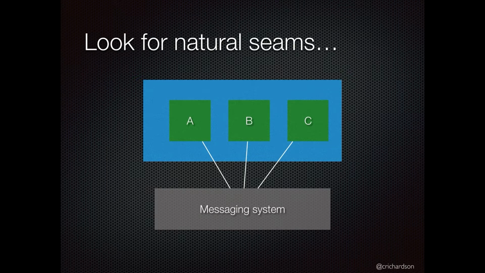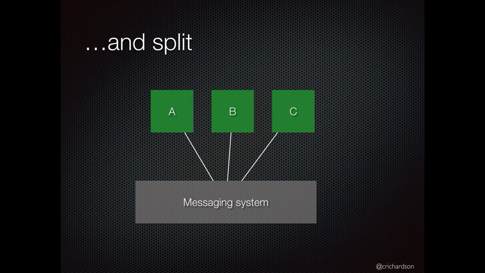So that basically represents a very natural seam, because these components don't communicate directly. You don't have transactions that are spanning multiple components, and so it's very straightforward to split those components out into their own separate microservices. So that's the big idea.